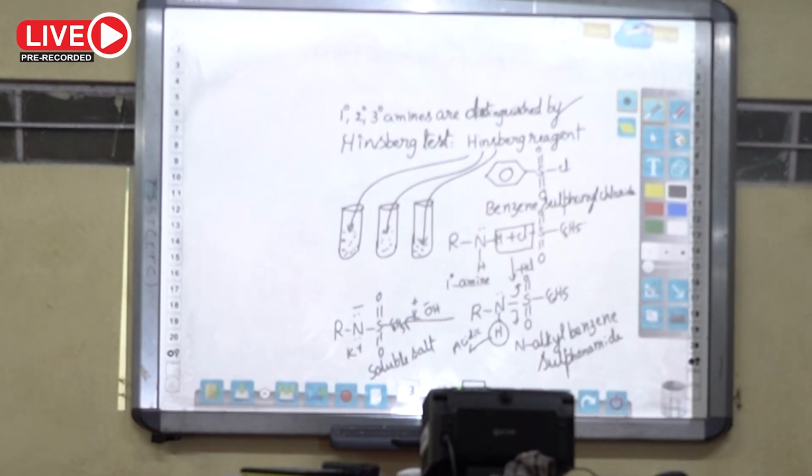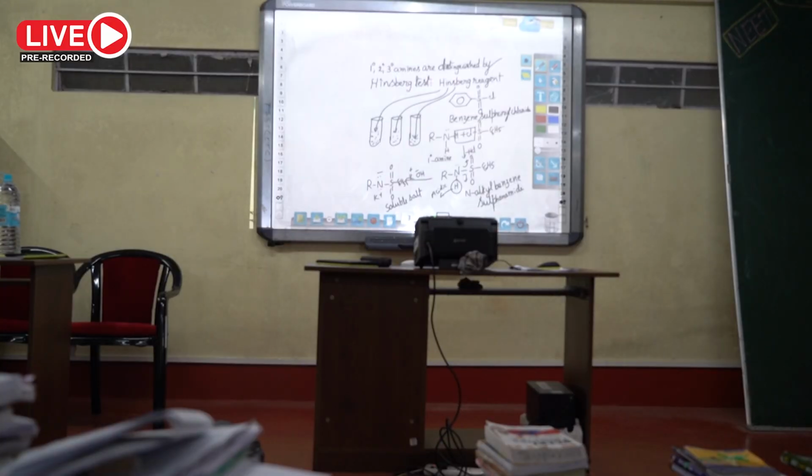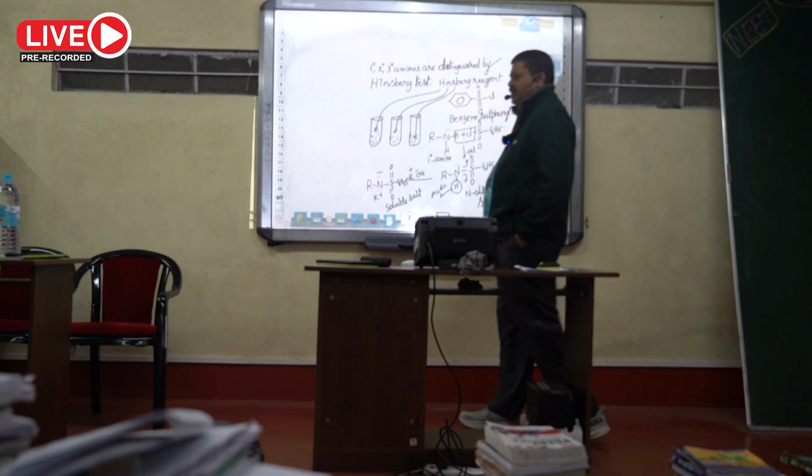The NH bond pair will be pulled by N, and also the adjacent sulfur is having 2 strong electron withdrawing oxygens. So overall electrons are dragged by these atoms. H is ready to become H plus. That's why I mentioned it is acidic hydrogen. Whenever H is going to become H plus, it is called acidic hydrogen. That's why this acidic hydrogen is removed by a base, resulting in a soluble salt.